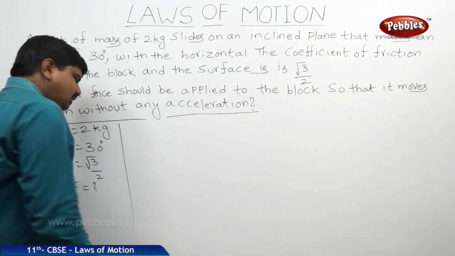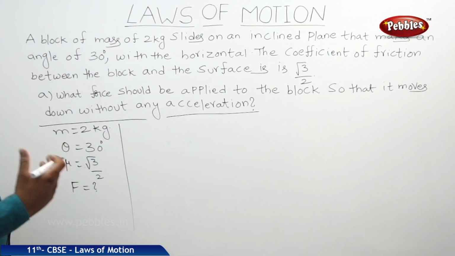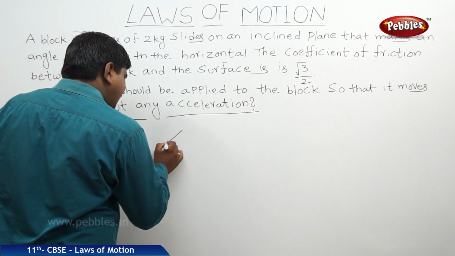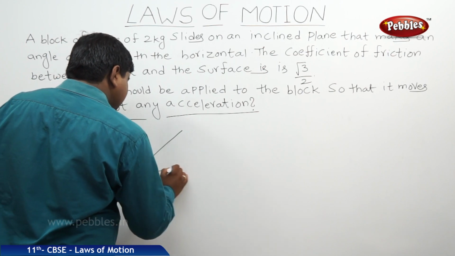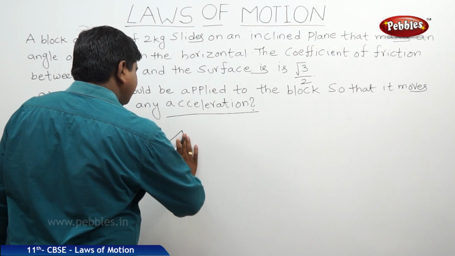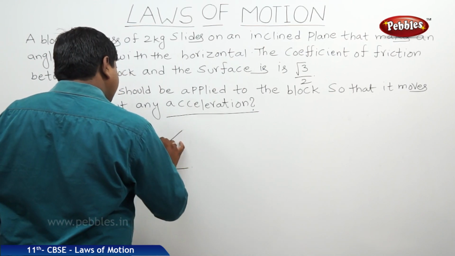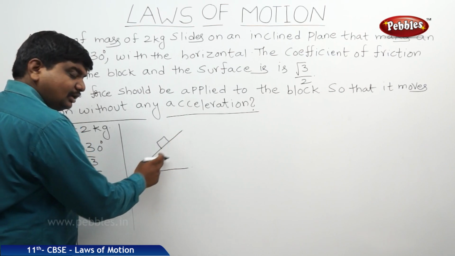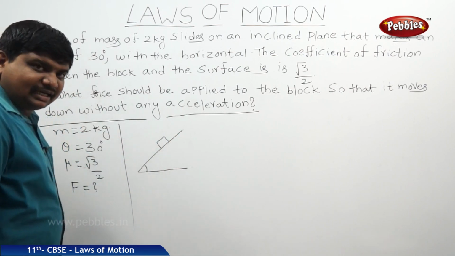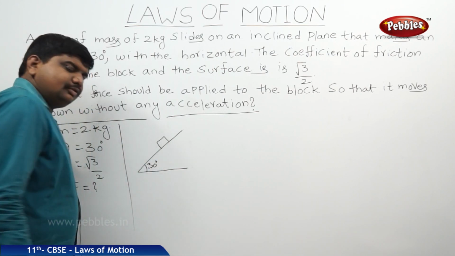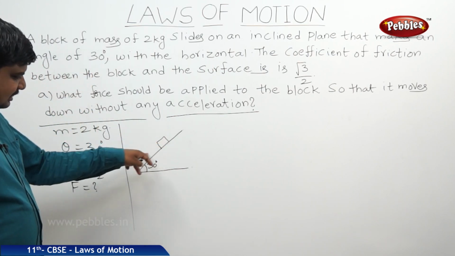If you visualize the free body diagram for this problem, it will be like this. This is the body. It is sliding on this plane, which is an inclined plane making an angle of 30 degrees. So this is the force in this direction.